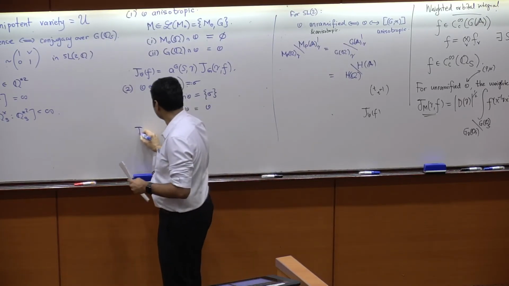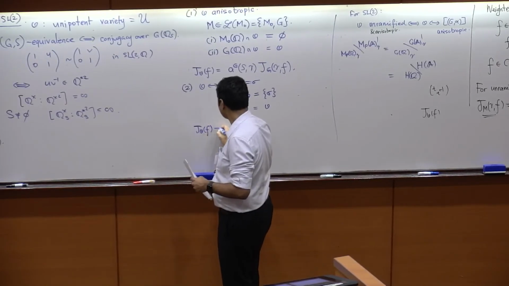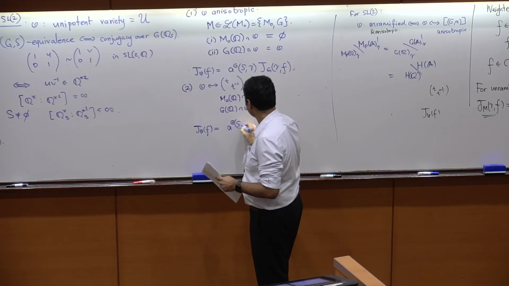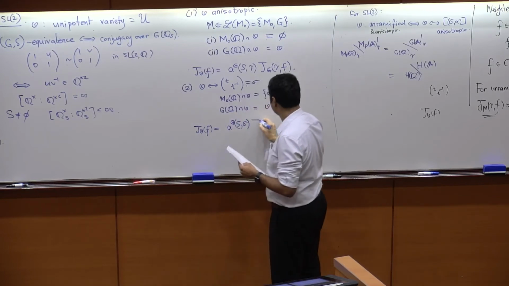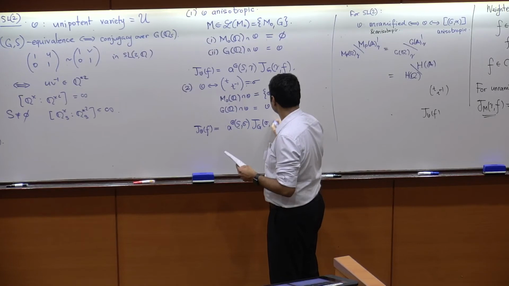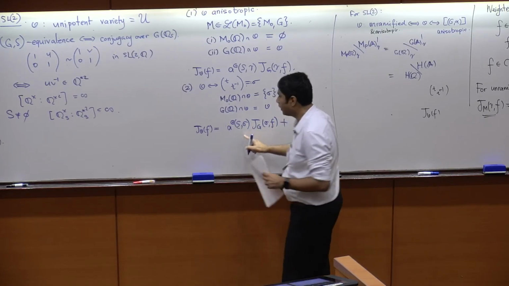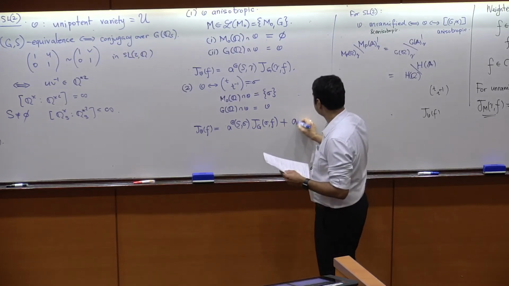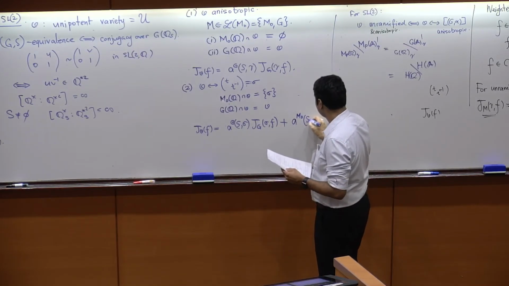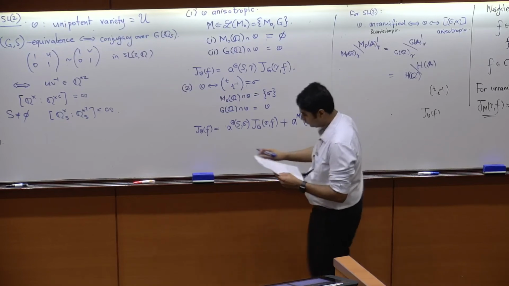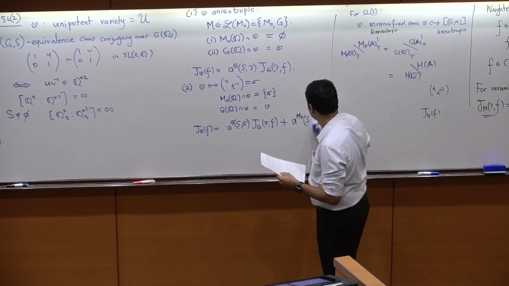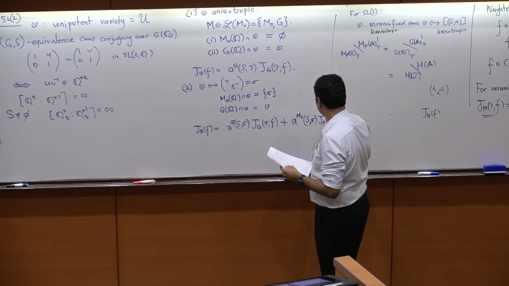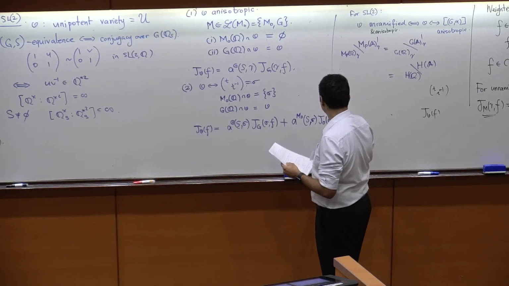So the J_O(F) for this case is a_G^S(sigma) J_G(sigma, F). This is the part for the Levi subgroup equal to G, and for the Levi subgroup equal to M0, a_{M0}^S(gamma, sigma) J_{M0}(sigma, F).